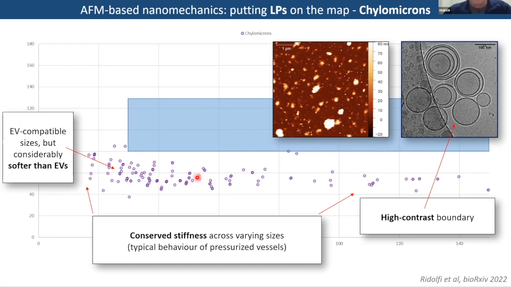So we wouldn't be able to distinguish between them if we were not measuring their stiffness. Also, interestingly, they have the same behavior as vesicles in the sense that they have a conserved contact angle across all sizes. And puzzlingly, they also have a high contrast boundary at the cryo-EM, okay?